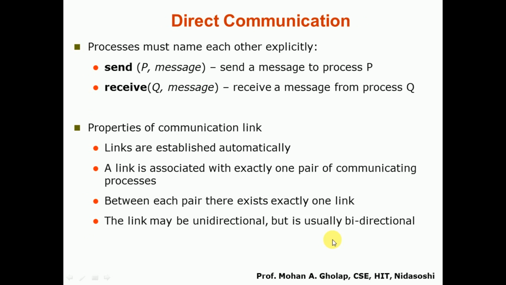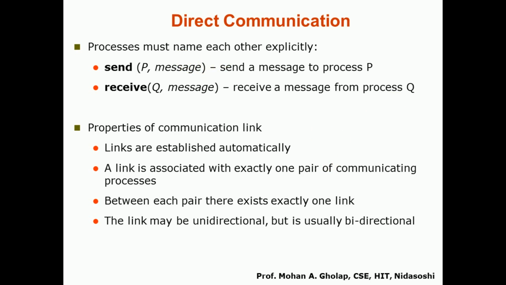In this message passing technique, the communication has two modes, that is direct communication and indirect communication. Now we'll discuss direct communication. Direct communication, as the name itself indicates, means communication takes place directly between the two processes. In this case you have to perform the naming explicitly.